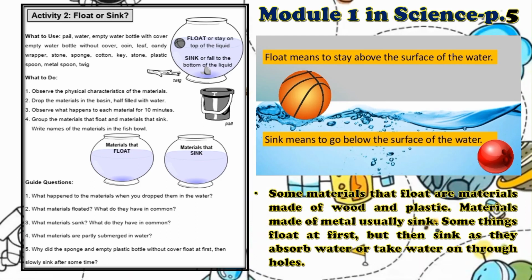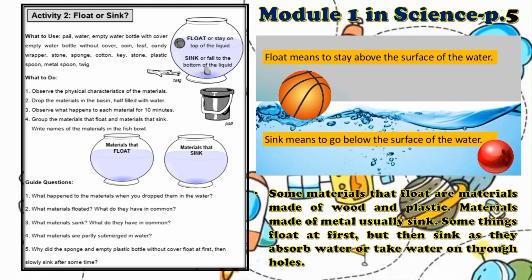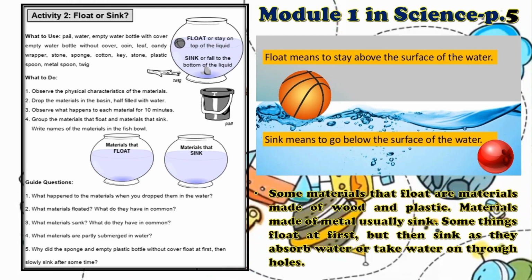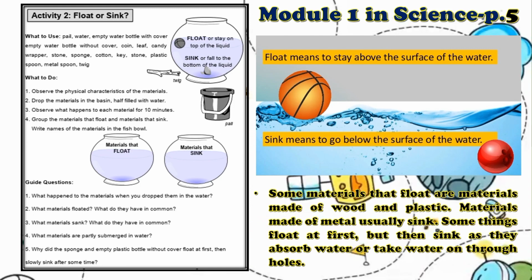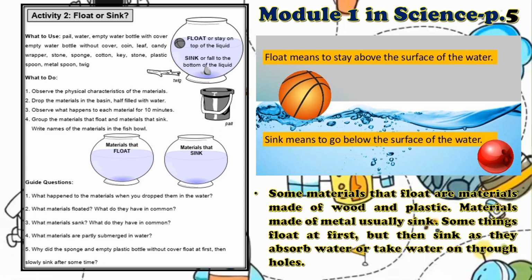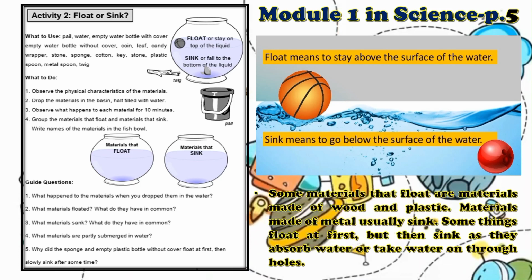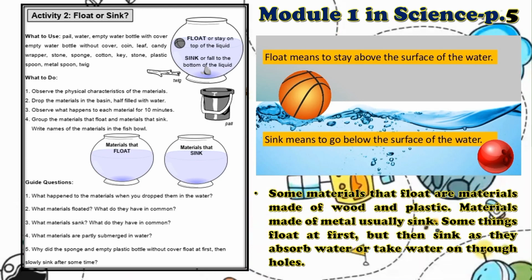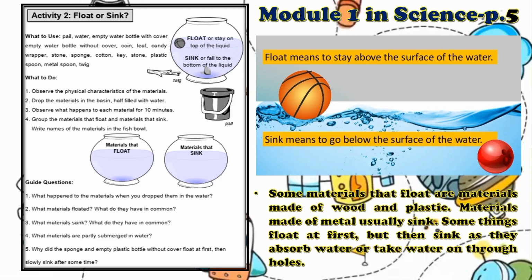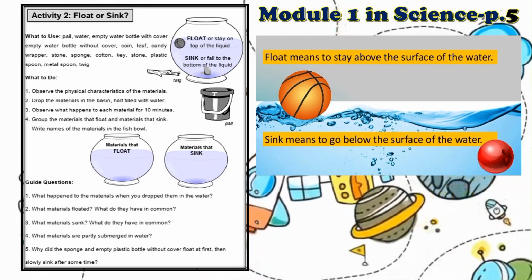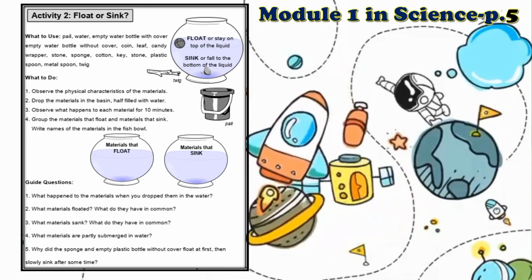Some things sink very fast and some things sink slowly. An object's shape can affect its ability to float, but some materials float no matter what their shape, such as styrofoam and balsa wood.